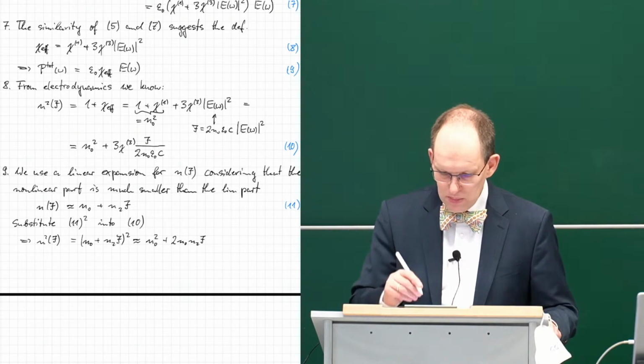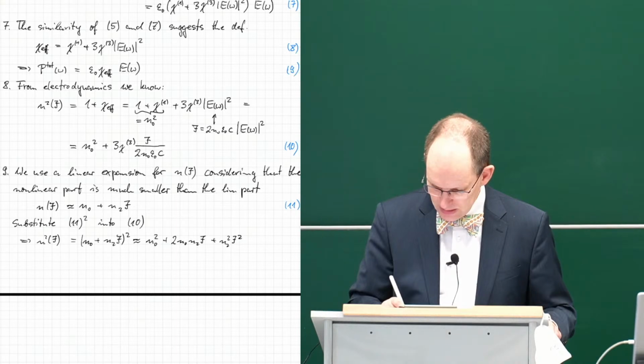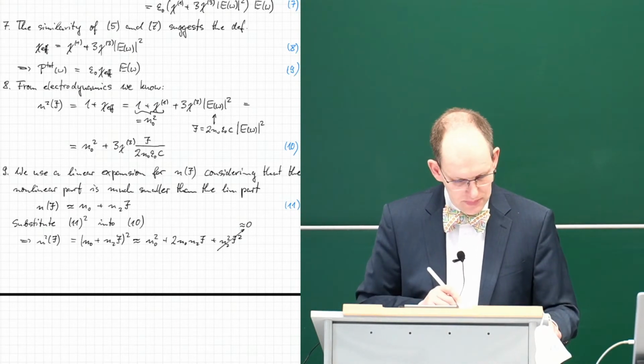So this would be, let's write it down. We would have n2 squared times the intensity squared, and this we neglect.